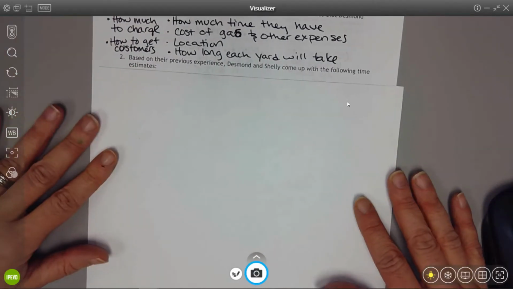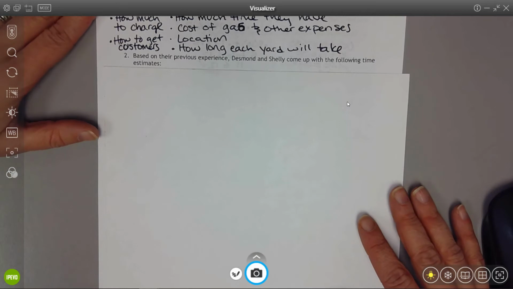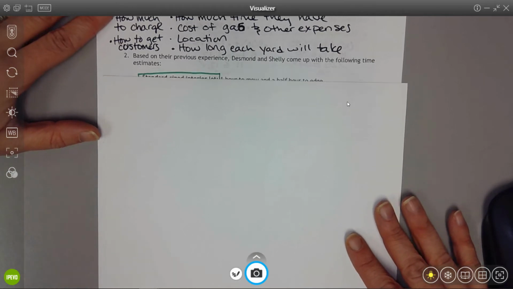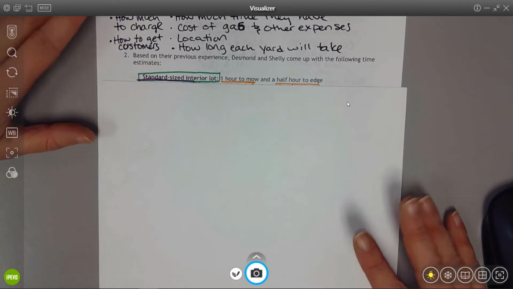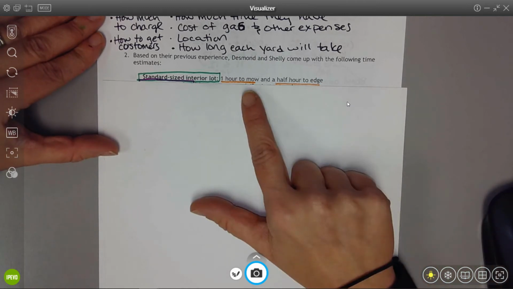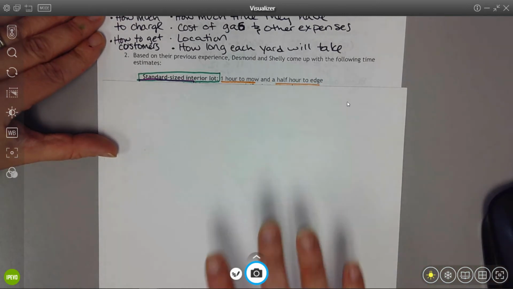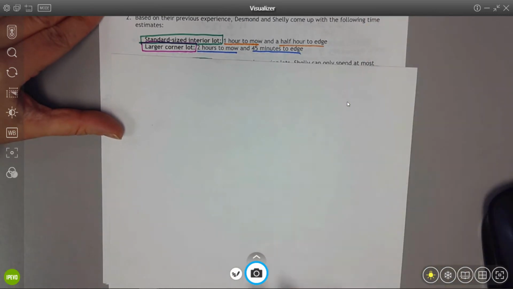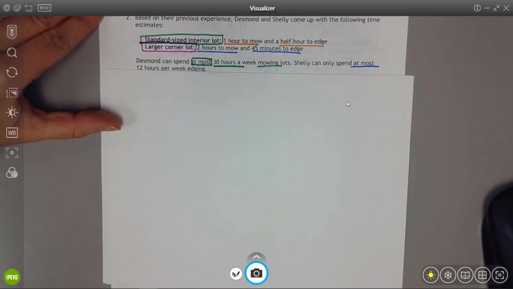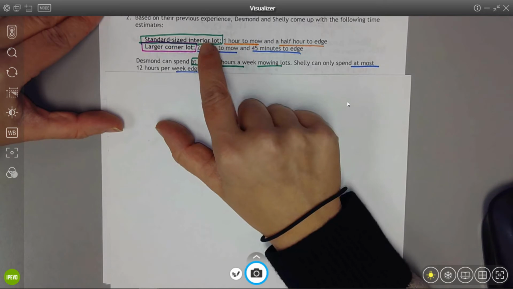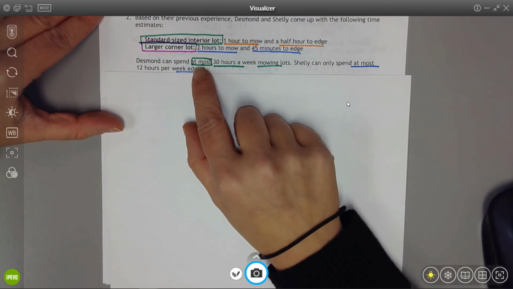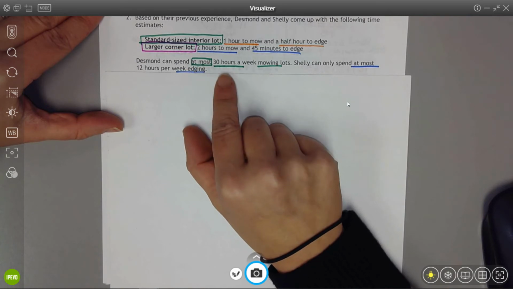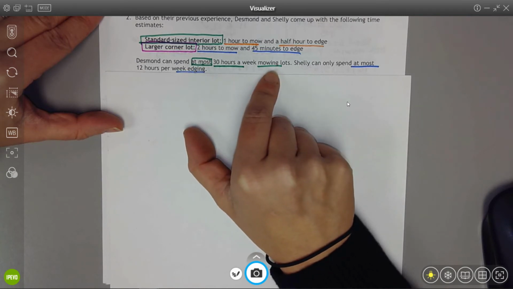Based on our previous experiences, Desmond and Shelly came up with some time estimates. For their standard size lots, it's going to take them 1 hour to mow and a half hour to edge. Large corner lots take 2 hours to mow and 45 minutes to edge. Desmond's going to take care of the mowing and can spend at most, that's where our inequality symbol comes in, 30 hours each week mowing lots.